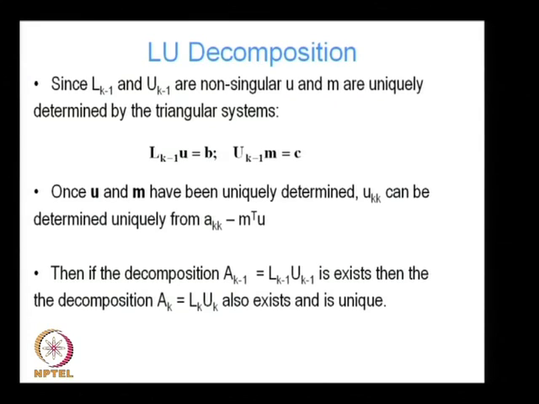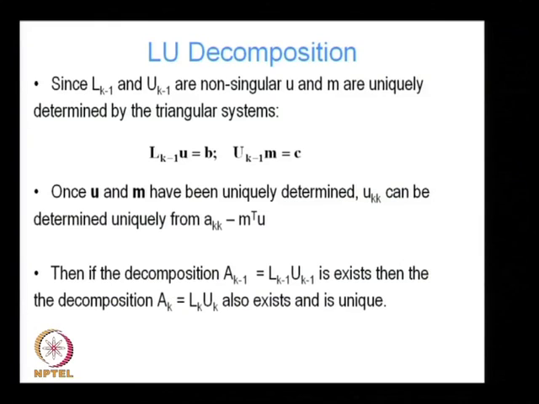So, what is the meaning of this? We have seen that A1 is just a scalar, the submatrix formed by the intersection of the first row and the first column, and for that submatrix we have shown that an LU decomposition trivially exists, with the L component equal to 1 and the U component just equal to A11 itself.